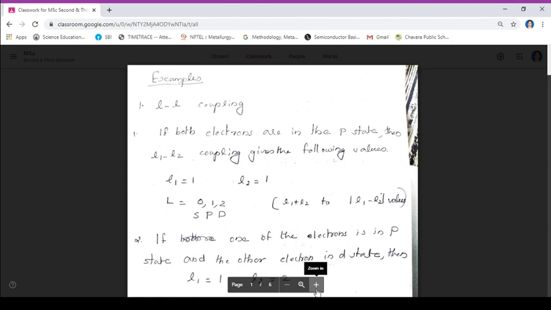In the JJ coupling scheme, little l1 and little s1 combine to give a little j1 value, and then j1 and j2 combine to give the capital J value. So these are the two different schemes for coupling, and to have a better understanding of these coupling schemes, we will do some problems.